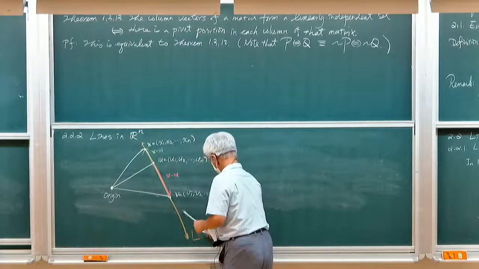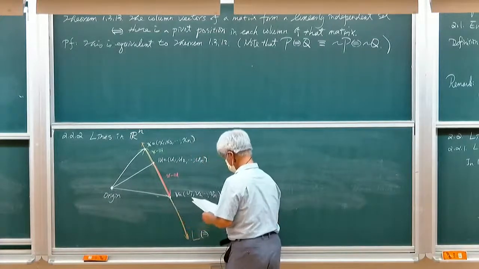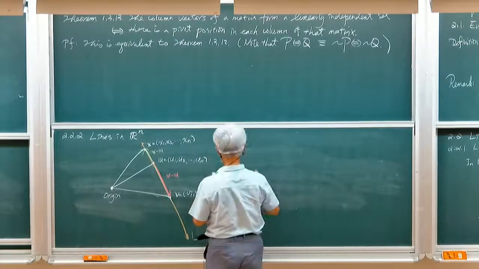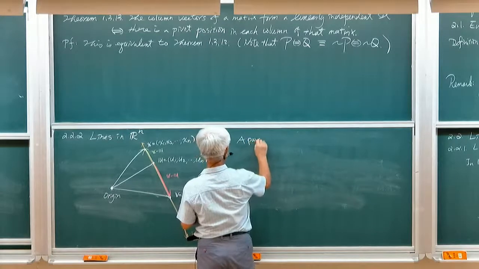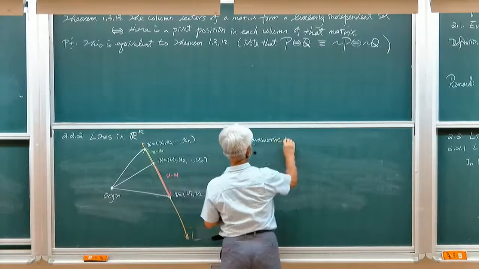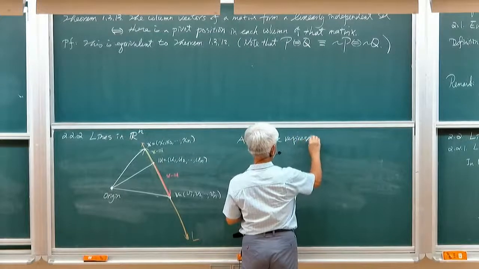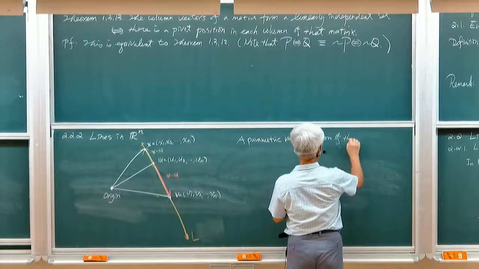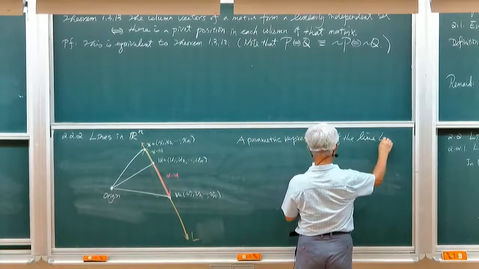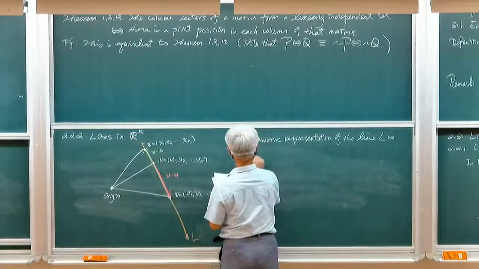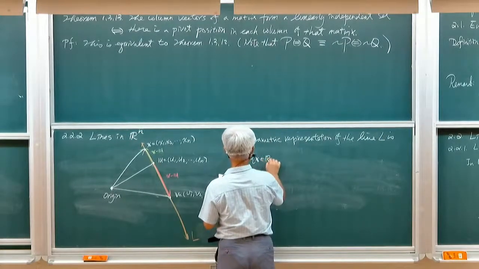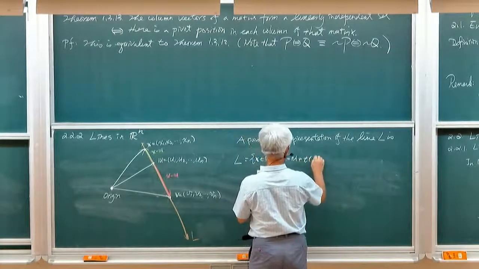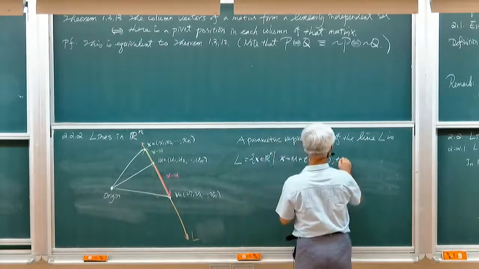Now again, a parametric representation of the line L is such that X is equal to U plus T times (V minus U), for T in R.